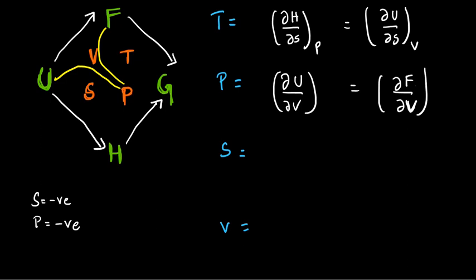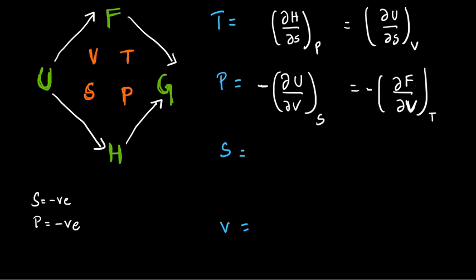When it goes to U, the remaining term is S, so at constant S. When it goes to F, the remaining term is T, so it is a constant T. Now, we have to include a negative sign, so a negative sign and a negative sign.